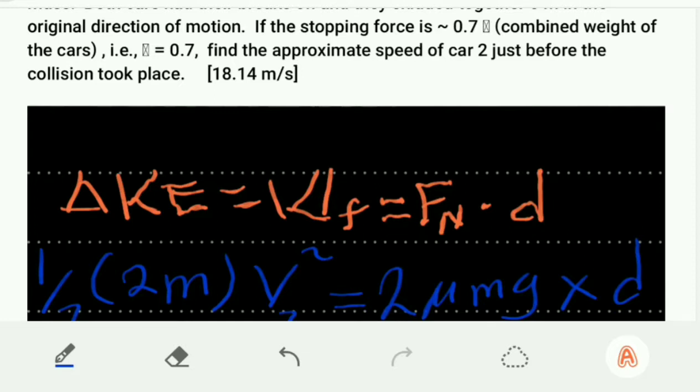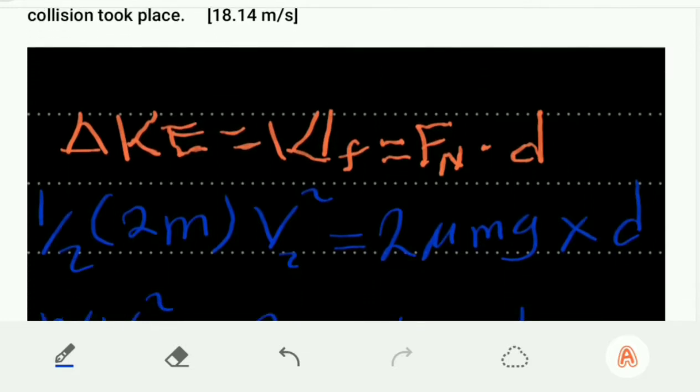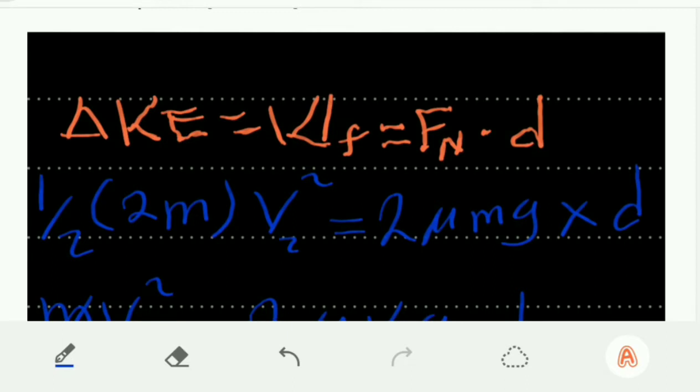So in this equation, the change in kinetic energy, we have half 2m v2 squared. Notice that we're using v2 here because it is the final velocity for both vehicles, because they're skidding together and covering the same distance, so the final velocity will be the same for both vehicles.